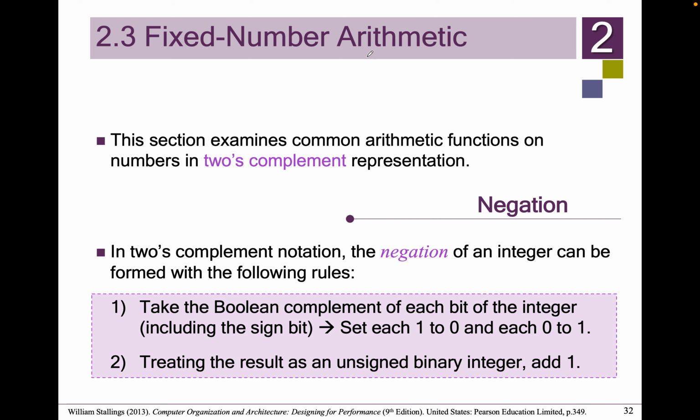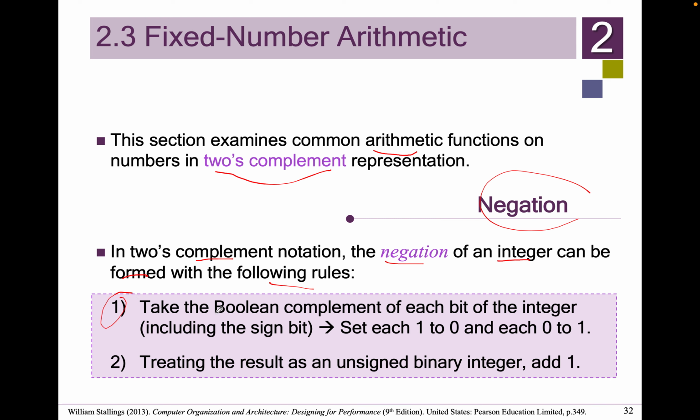For fixed number arithmetic, in these sections, we're going to look into common arithmetic functions on numbers in two's complement or second complements. On negations, what is basically negations? In two's complement notation, the negation of an integer can be formed with the following rules.